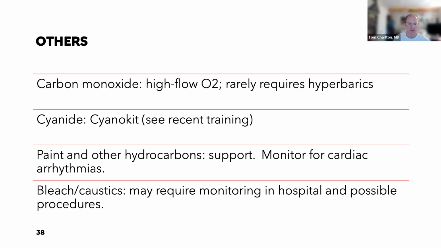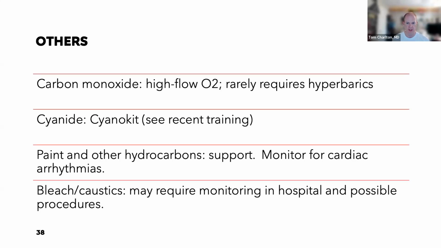Paint and some other hydrocarbons are frequently used for huffing. Patients will frequently get, especially the metallic, spray paint cans, and they'll spray it on the inside of a baggie and then breathe through the baggie. It causes long-term brain damage as this happens. It causes long-term lung damage as well.